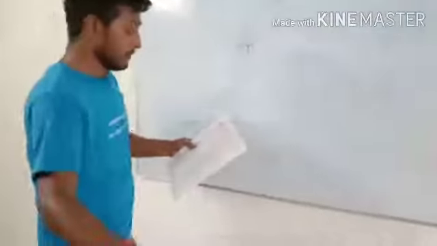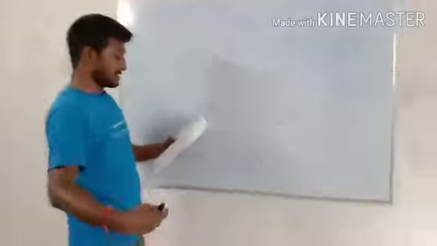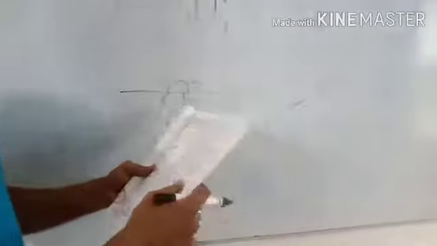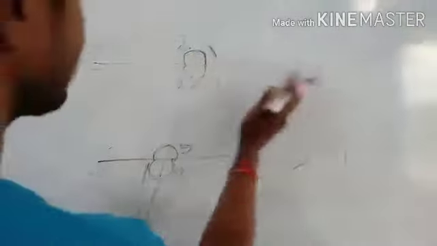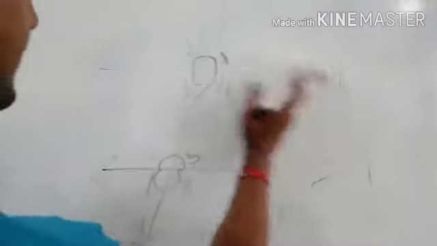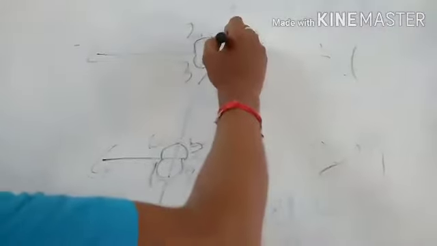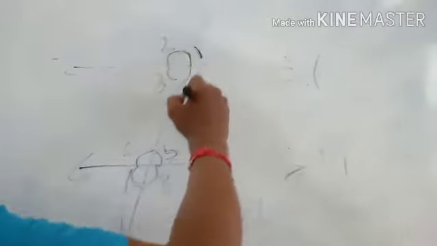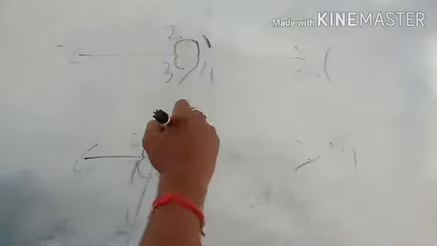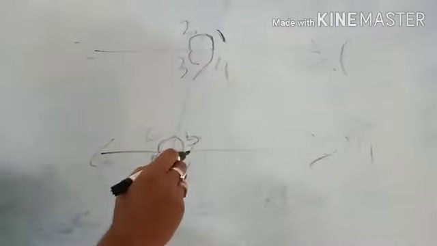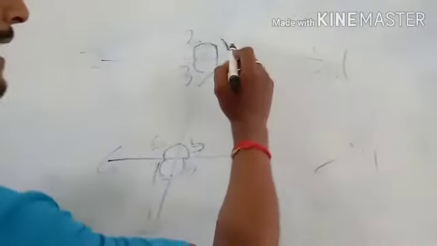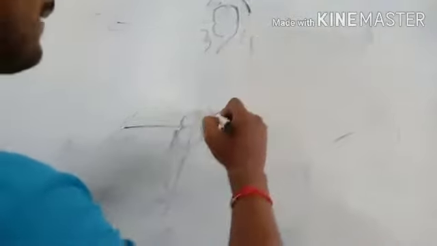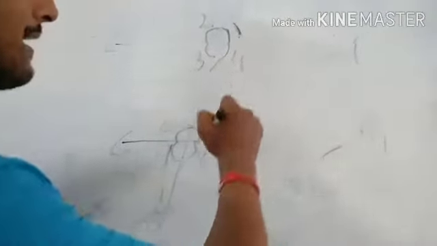Okay? Next, corresponding angles. Corresponding angles means, suppose on the right side or left side, you see one from outside and another from inside. That means a pair of corresponding angles. Here on the right side, angle 1 and 5 are corresponding to each other.